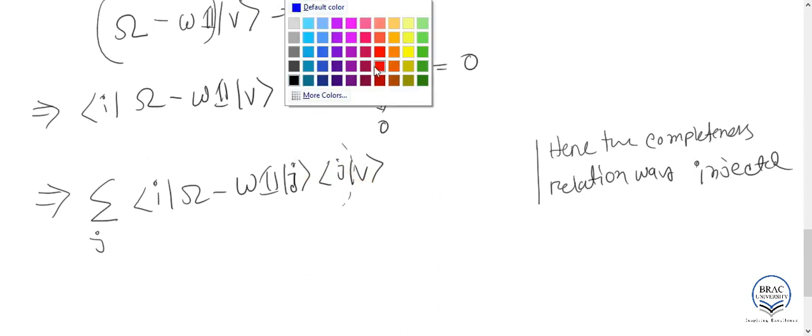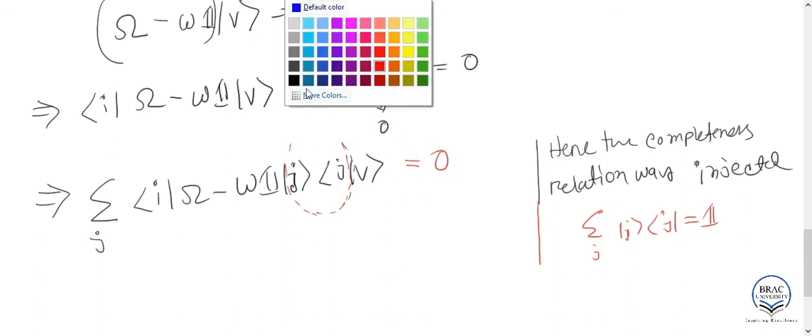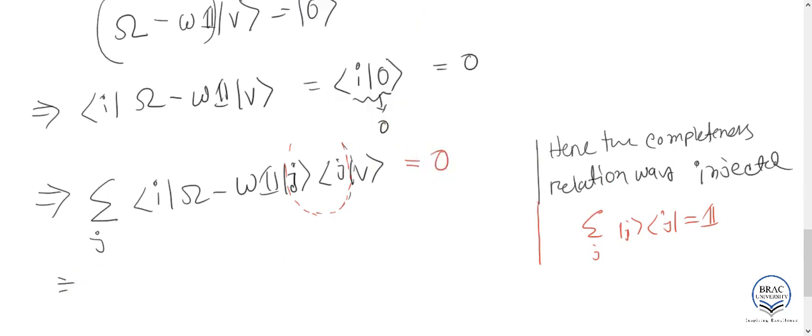Let me go to another color so that you can see better. Because remember, if your j's are basis, then this is just the identity operation, and this will be equal to 0.